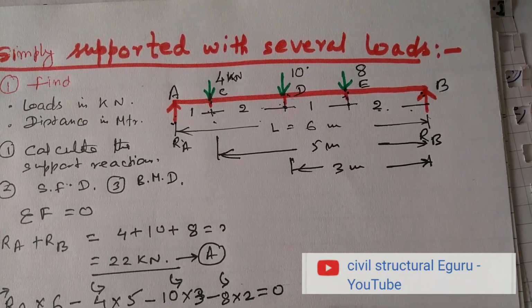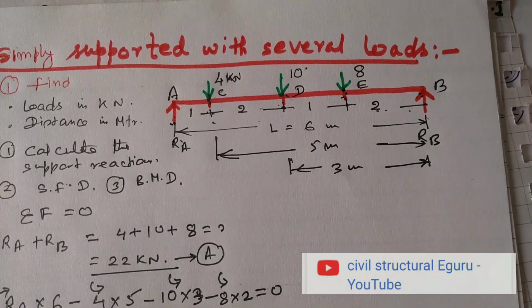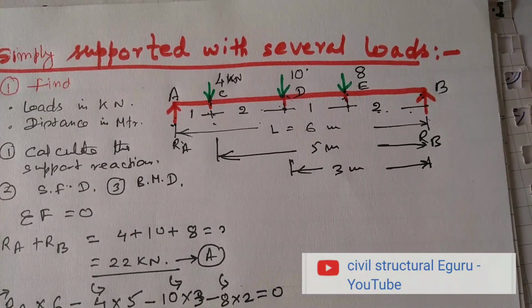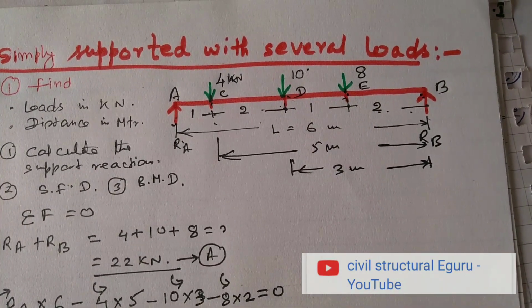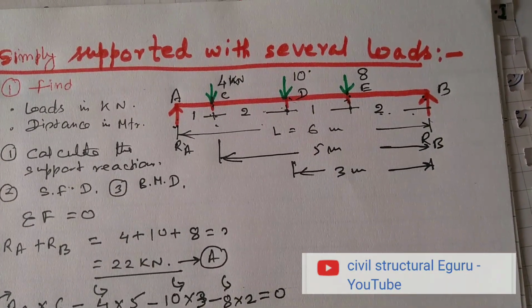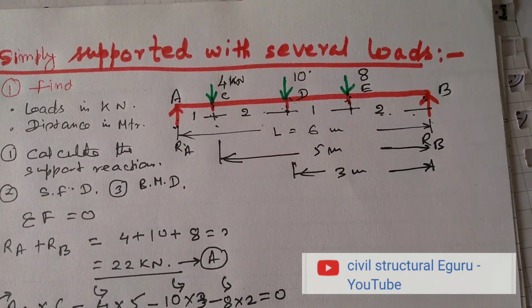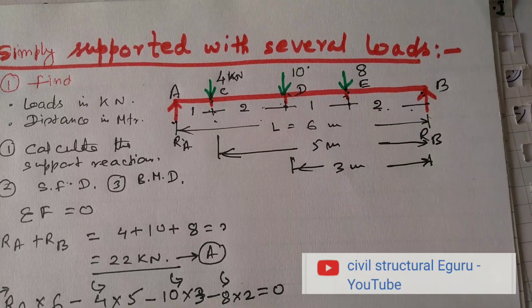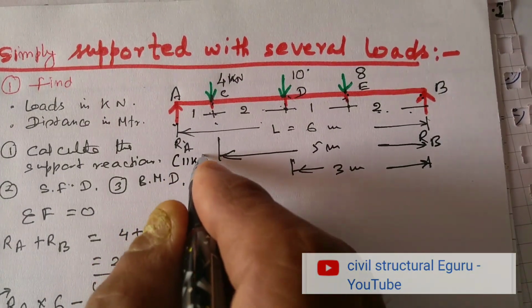Just solve it. After solving, you will get RA equal to 66 by 6, 11 kilonewton. This is an upward force. So write down here RA equal to 11 kilonewton.